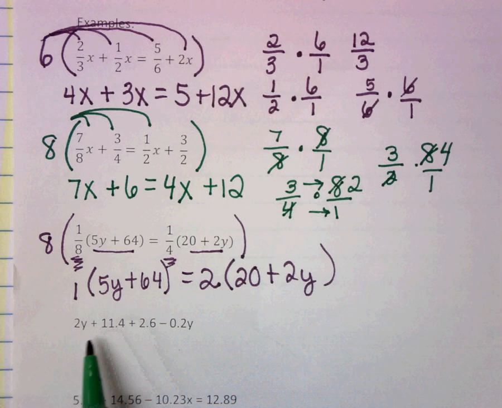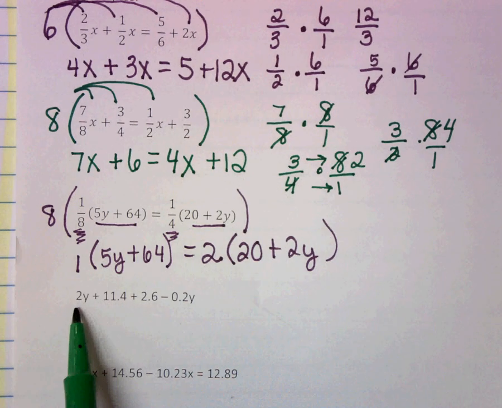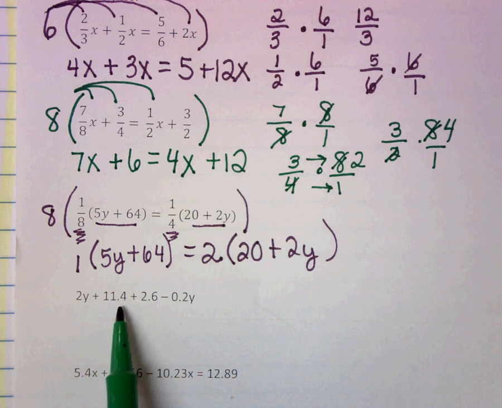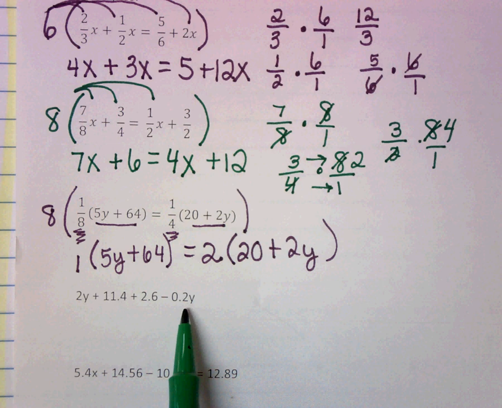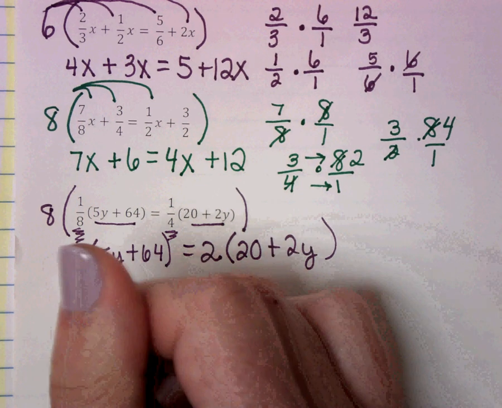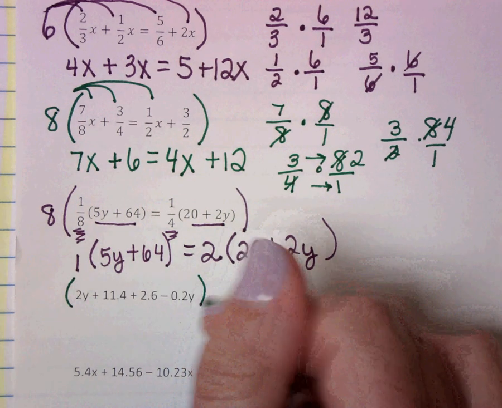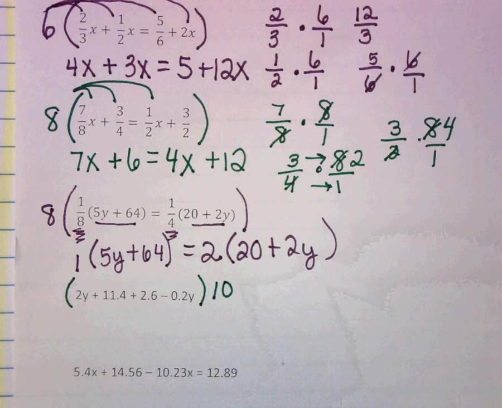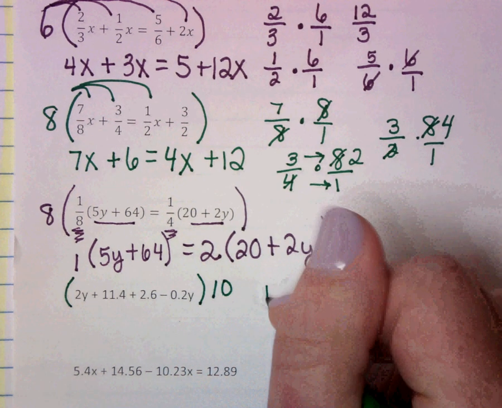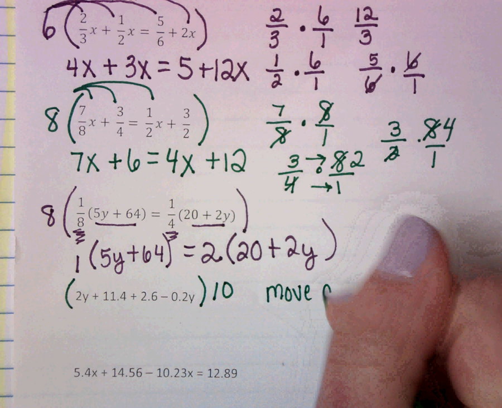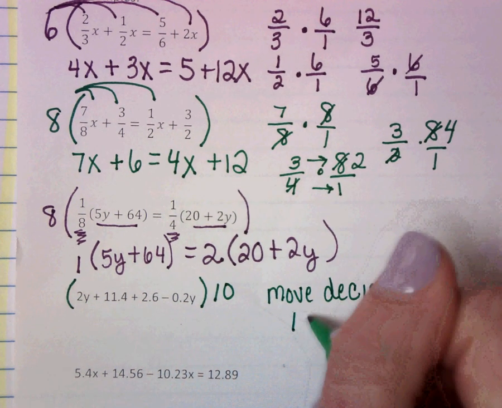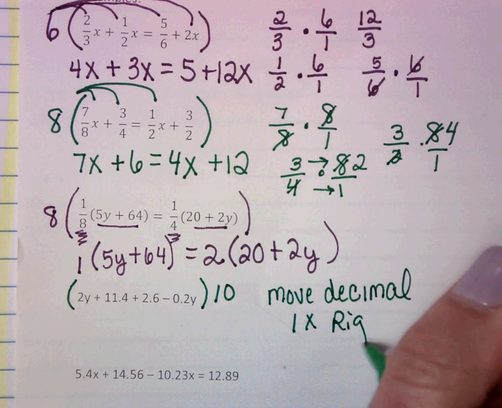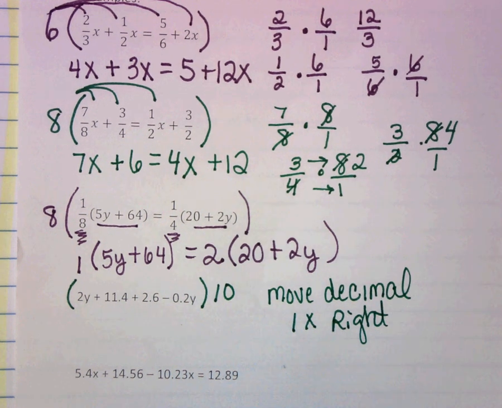In this first example, this is a whole number. This is tenths place, tenths place, tenths place. So that's super easy. All I have to do is multiply by 10. Multiplying by 10 is just going to move the decimal once to the right. So that's easy. And we have to multiply everything by 10.